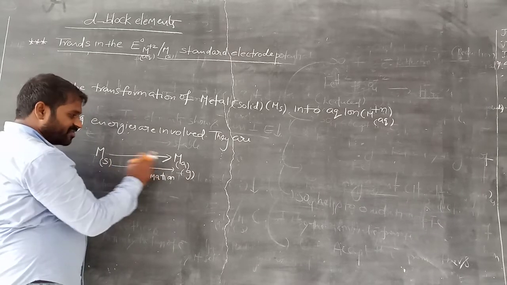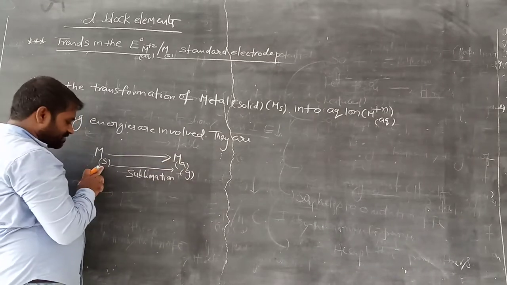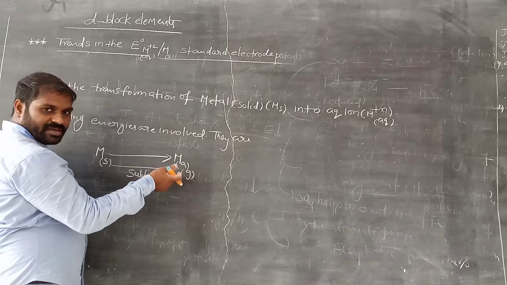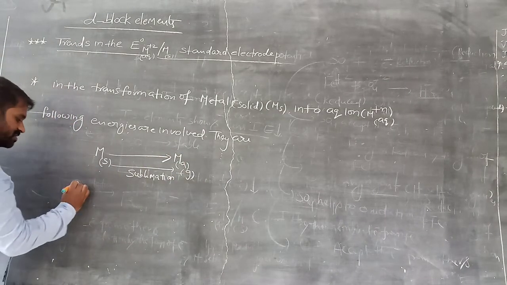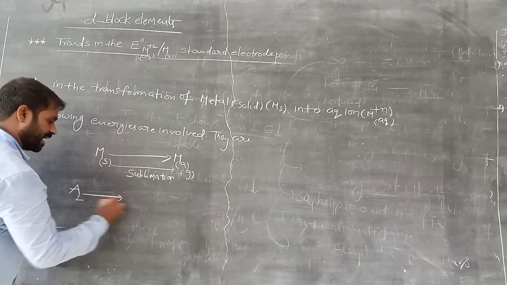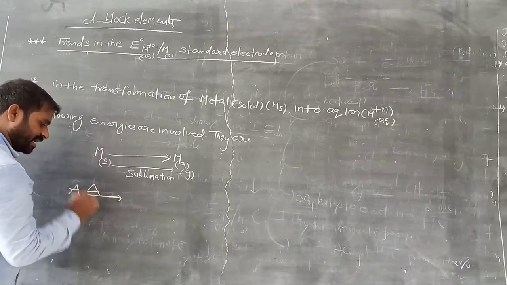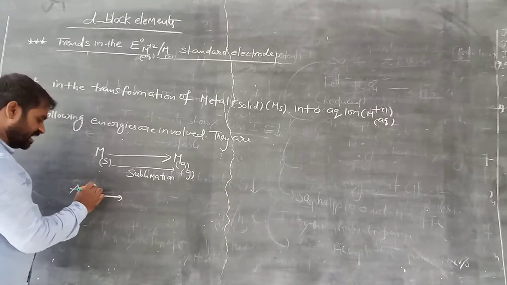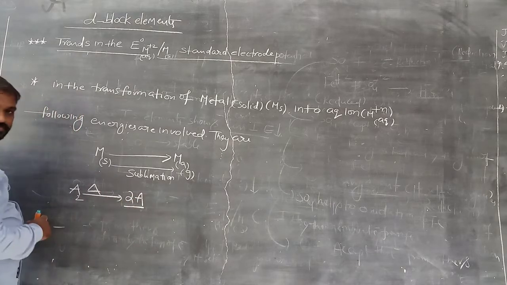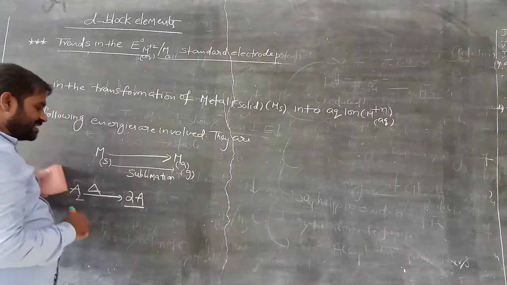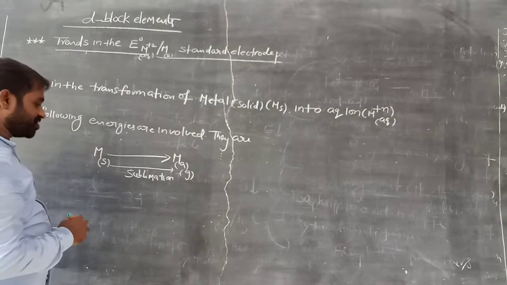And here solid is converted to atoms. Here this metal splits as atoms. Listen here, suppose we have a molecule A2. We can add some heat energy, and it can split as atoms. This is called enthalpy of atomization.